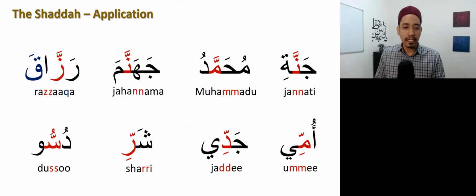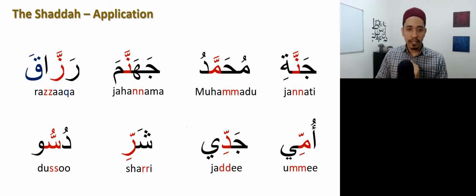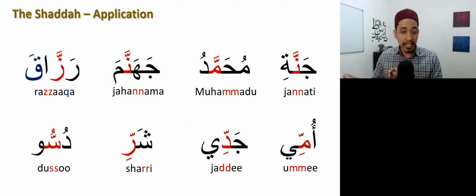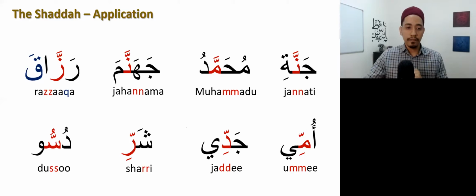But in doubling the letter it becomes an issue, because can you imagine trying to read these letters with an English application of doubling the letter? Then you are not going to stress the letter. You're going to say shari and umi, you are going to give it an English application. So remember, double the letter, yes, then stress the letter.